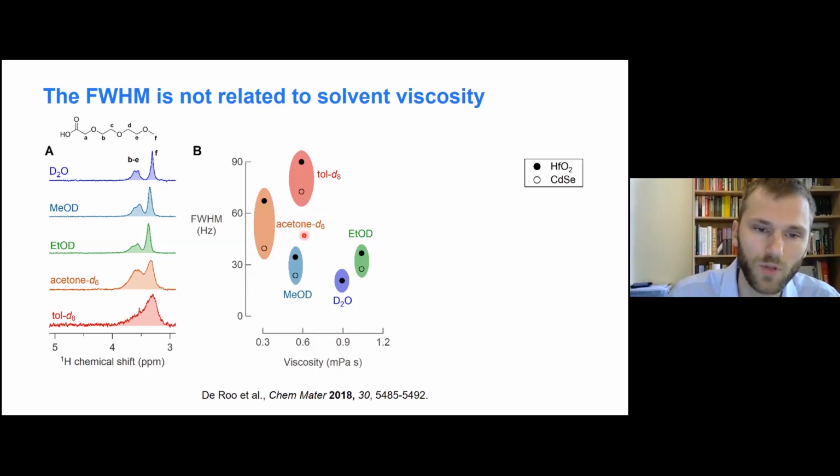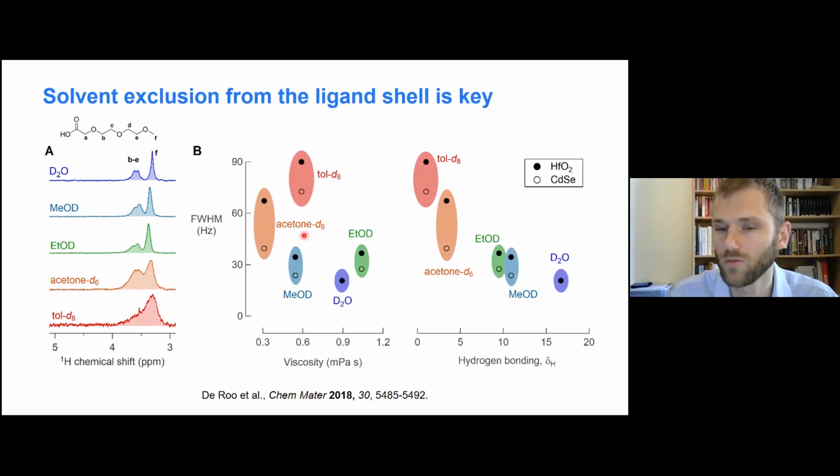But if you plot the line broadening as a function of the Hansen solubility parameters, then you get a really, really nice correlation if you use the hydrogen bonding parameter. So Hansen defines 3 different parameters. One was the dispersion, one was the hydrogen bonding, and one was a polarity index.